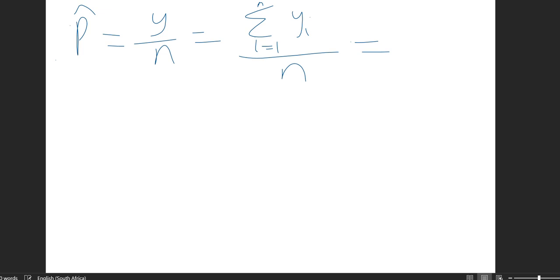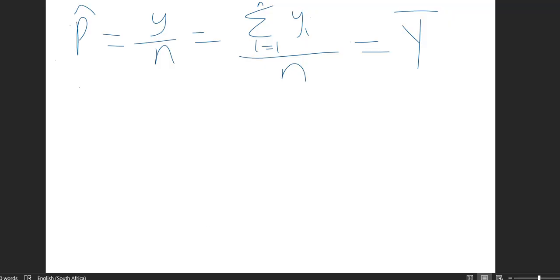So p hat is y divided by n, which is the same as y bar, the sample mean.